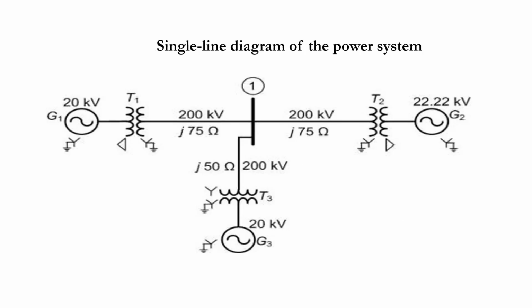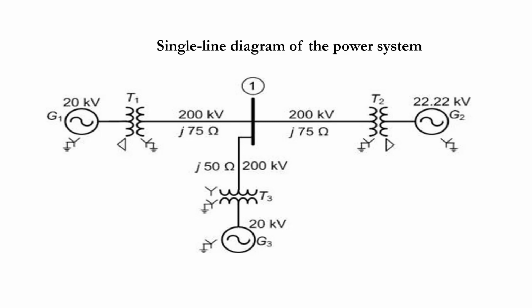I am showing you an example of a single line diagram of a power system. Here, there are three generating stations G1, G2 and G3, and this is the bus. There are a number of buses. From the generating station, the voltage is stepped up by the transformer T1, which is a delta to star connection, neutral grounded.